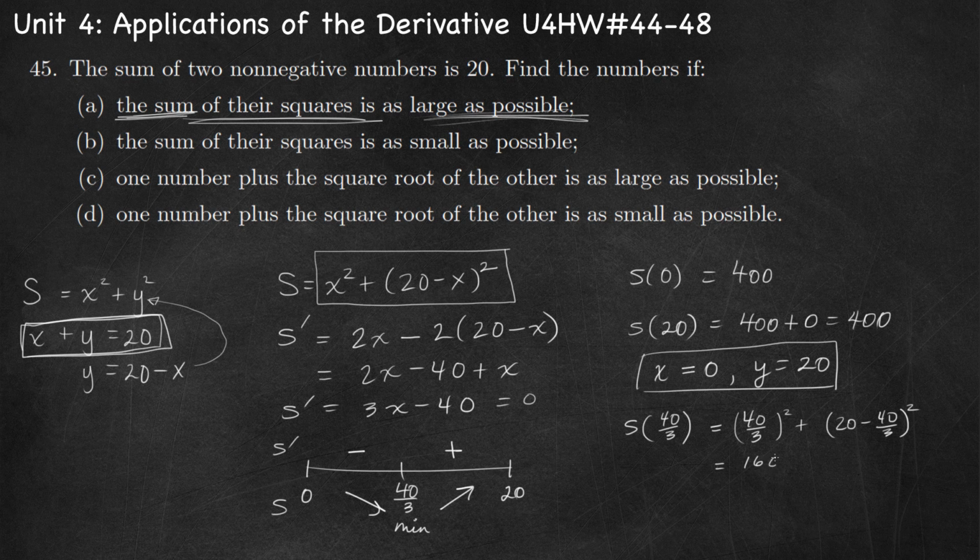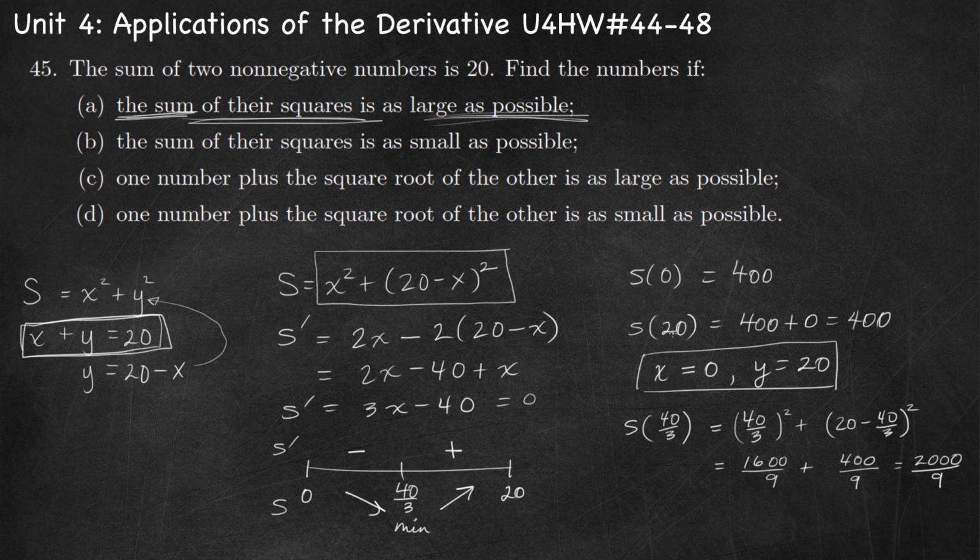So that's 1600 over 9 plus 20 I can think of as 60 over 3. So 60 over 3 minus 40 over 3 is 20 over 3. And 20 over 3 squared is 400 over 9. So we get 2000 over 9, which is a little more than 200. So it is a smaller value than our endpoints give us.